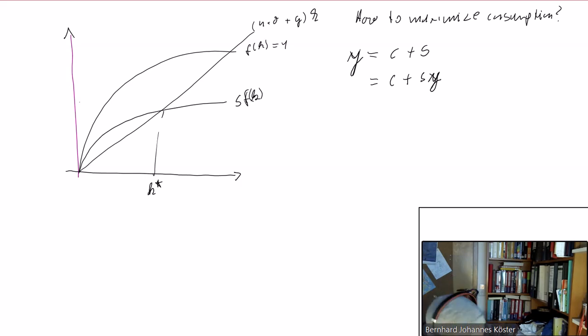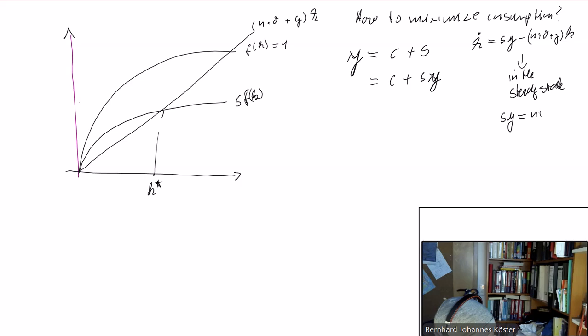But from our main equation, we know k star is s times y minus n plus delta plus g times k in steady state. We have s y equals n plus delta plus g times k.